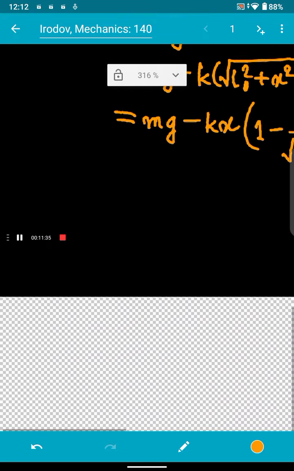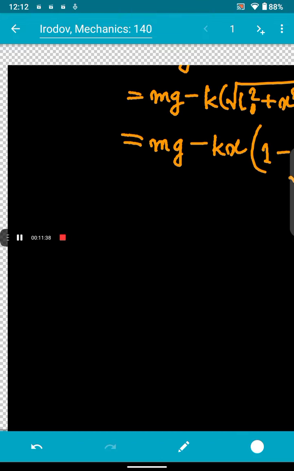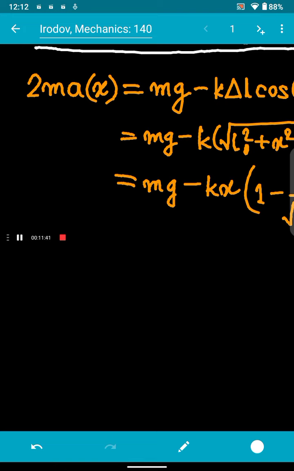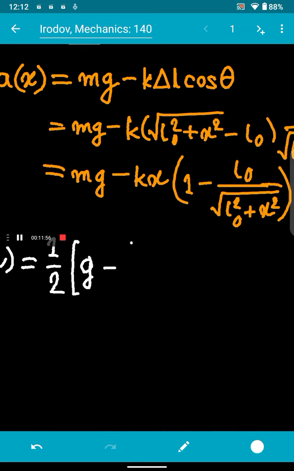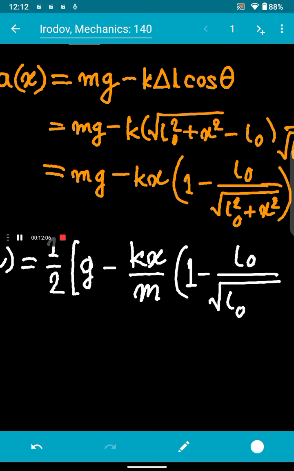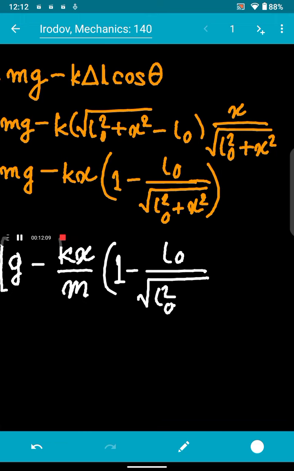So from here we can write, now this is one of the important steps, a of x will be, we can take half to be common, half into g minus kx by m into 1 minus L naught divided by root over L naught square plus x square.